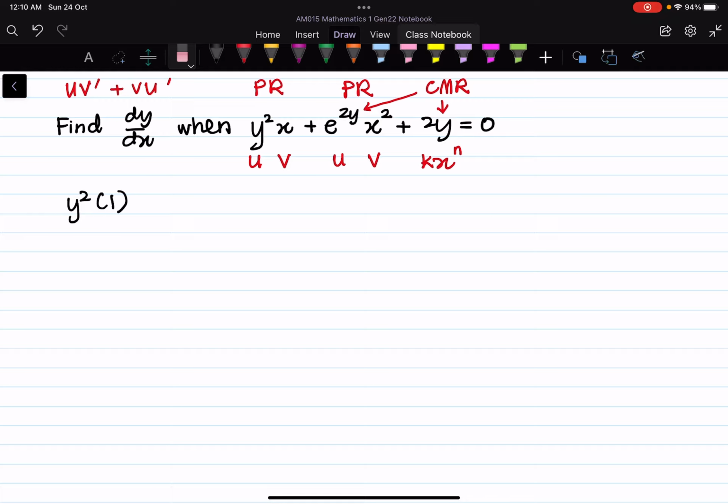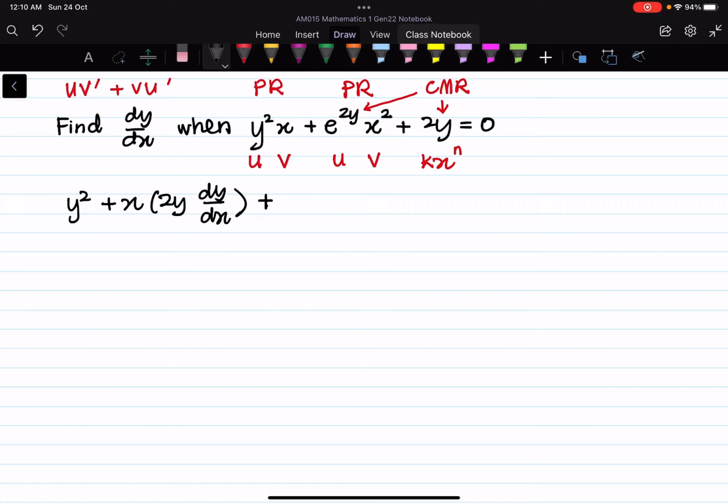So y squared times 1 is y squared, plus v u prime. v is x, and if we differentiate y squared with respect to x, we're going to get 2y dy/dx.